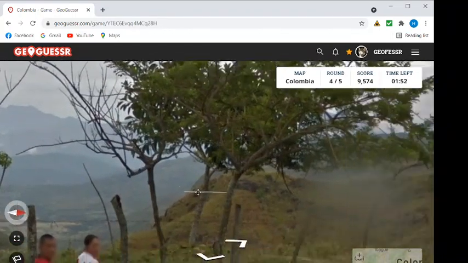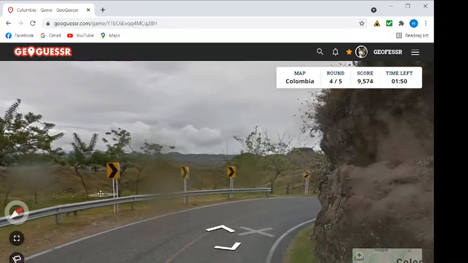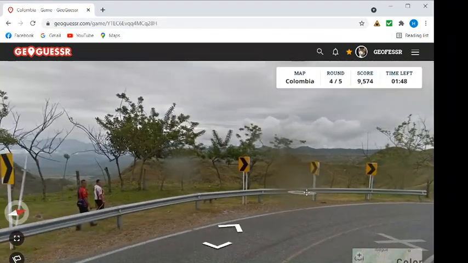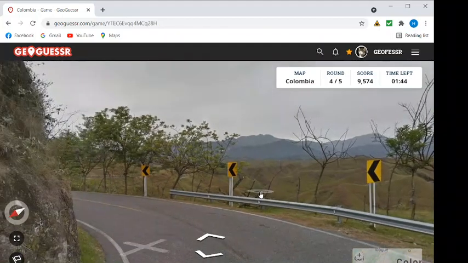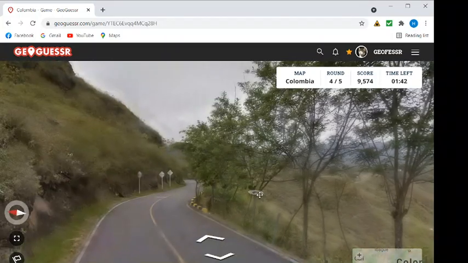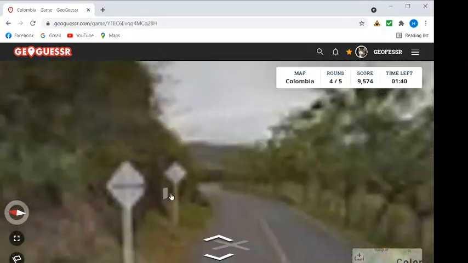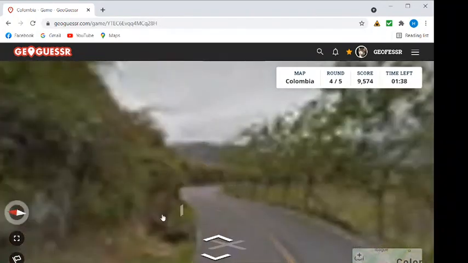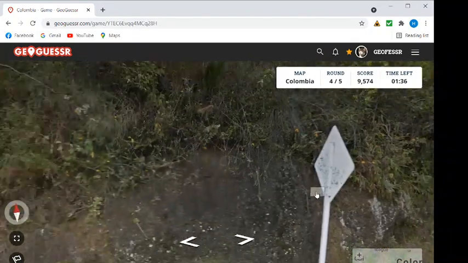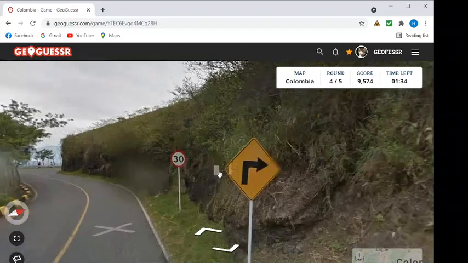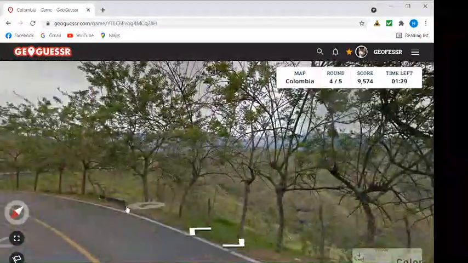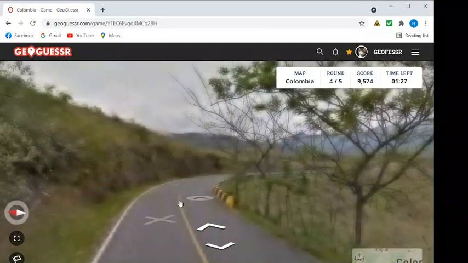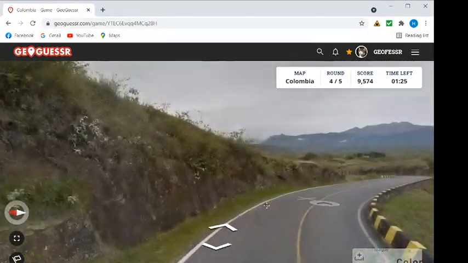Okay, so we've got a valley down there. Let's see. So I think this is some sort of highly irregular, volcanic terrain. I don't see a cone type volcano, but these kinds of mountains are formed by lava flows.